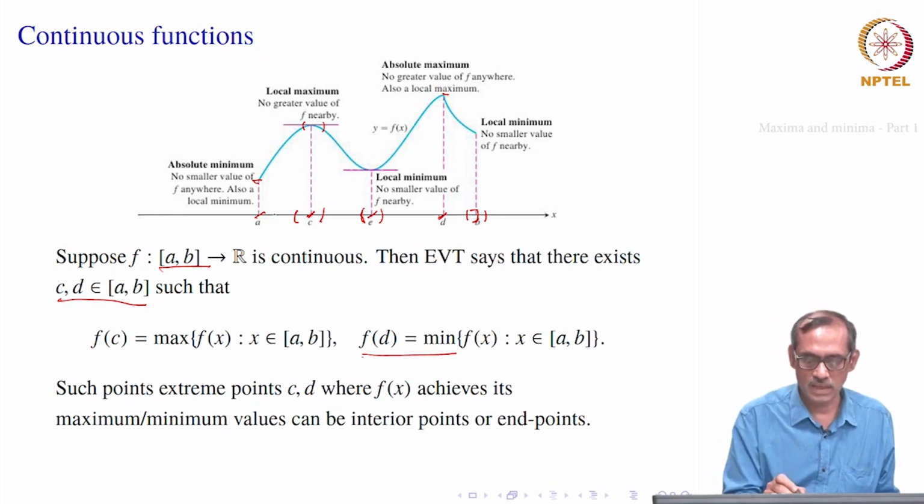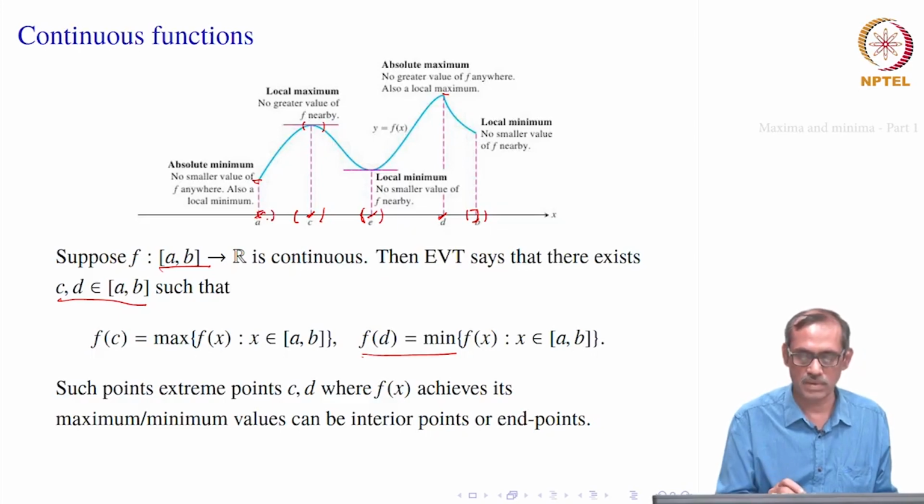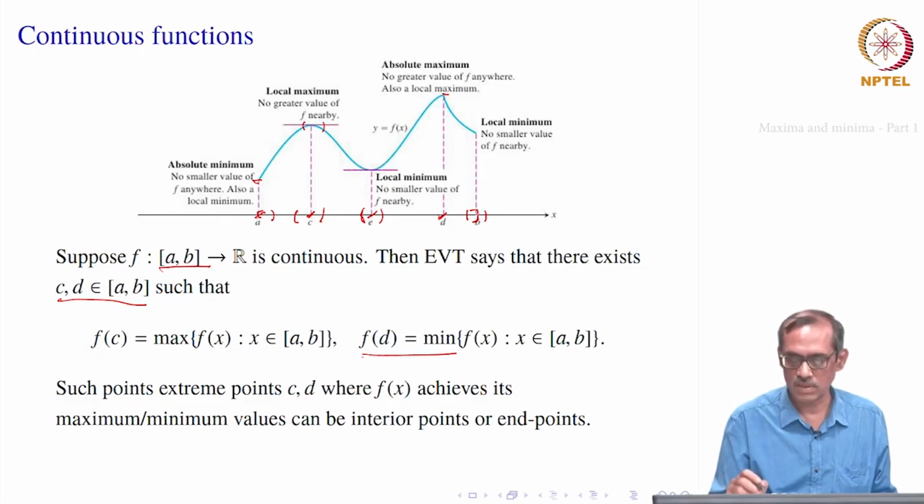Similarly, on the other side, if you take a, that is of course the absolute minimum, but you can see also that it is a local minimum, in the sense that the relevant neighborhood will be the right neighborhood. You can find a neighborhood where f(x) is greater than or equal to f(a). That is similar to the last one, b.